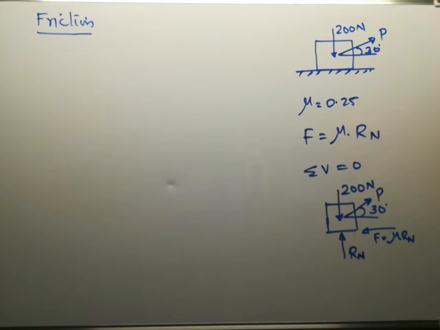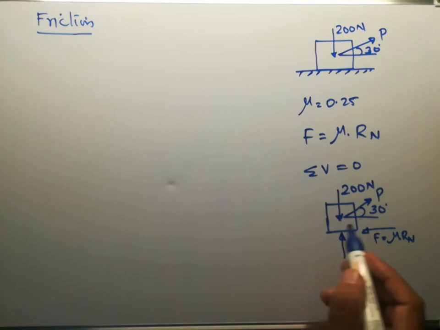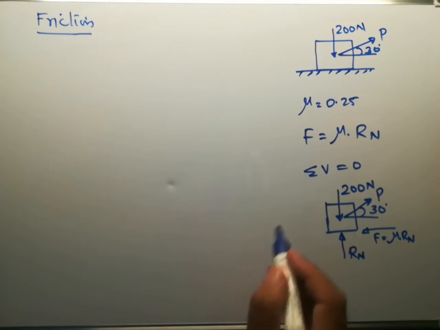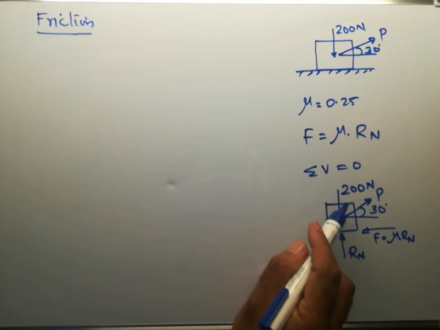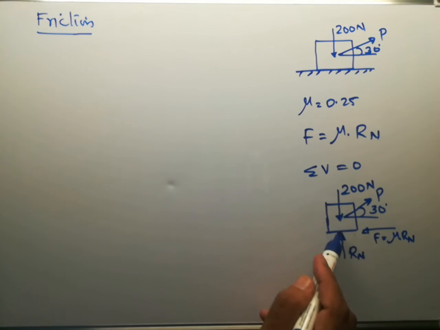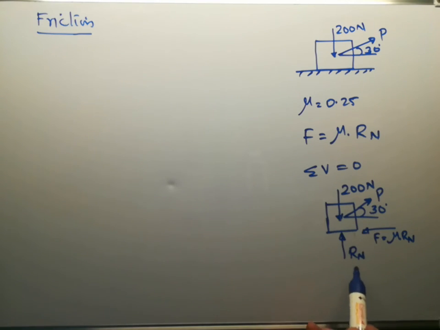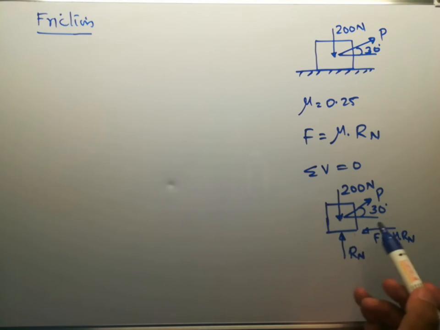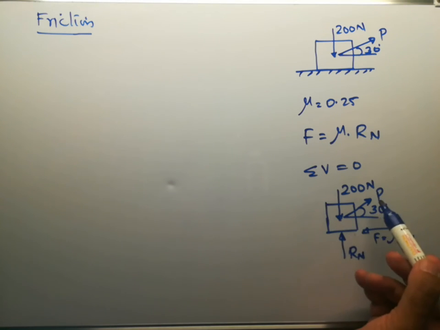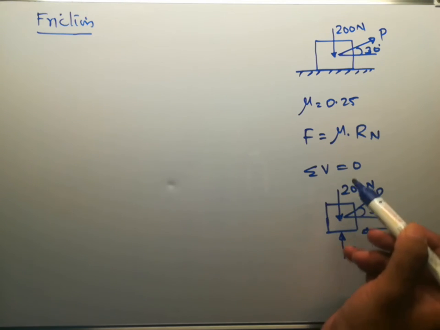So these are the forces acting on the body. This will be the free body diagram, and if we apply sigma V equal to 0, that is, the algebraic sum of forces acting in the vertical direction equal to 0. What are the forces acting in the vertical direction? There will be the weight, 200 Newton, acting in the vertical downward direction, Rn in the upward direction, and there will be a component of P in the vertical direction.